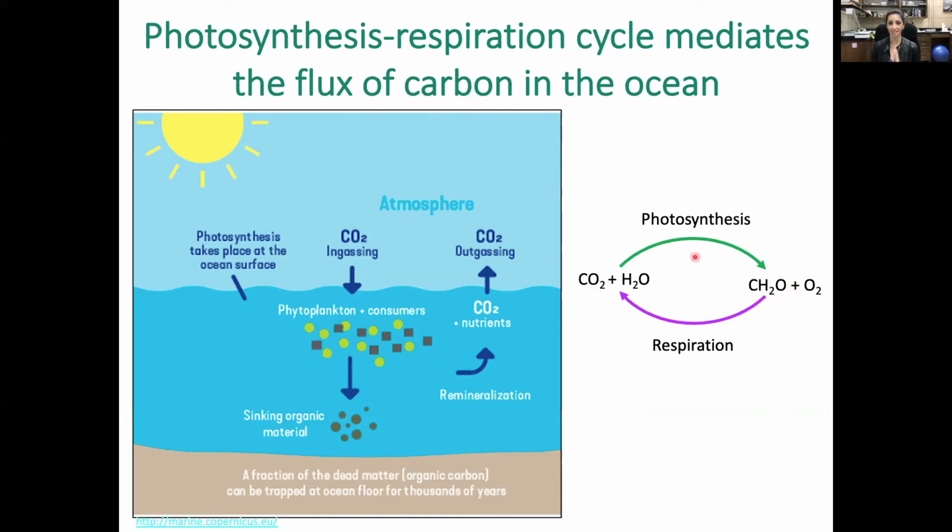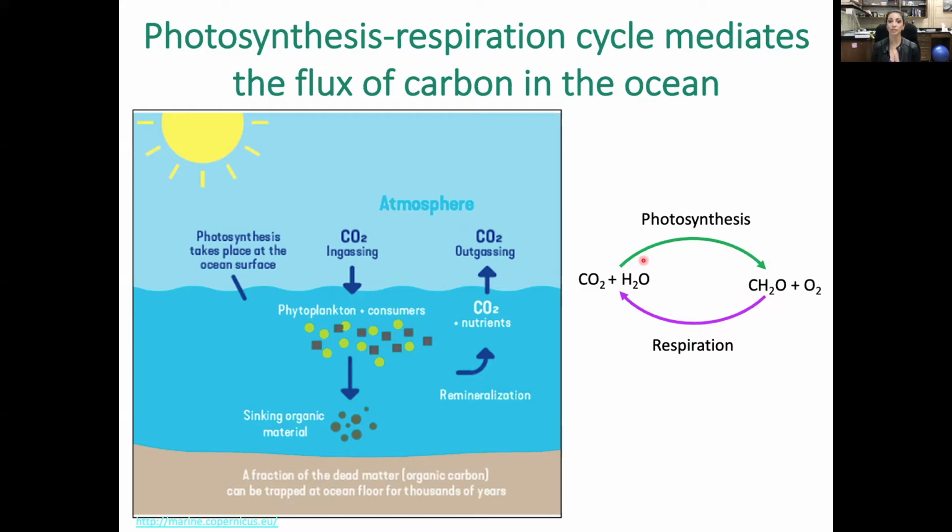That is photosynthesis. Now the flip side of this coin, or the other side of the cycle, when we reverse that, that organic matter is respired to be turned back into CO2 and water. So this is what we mean by the photosynthesis respiration cycle.